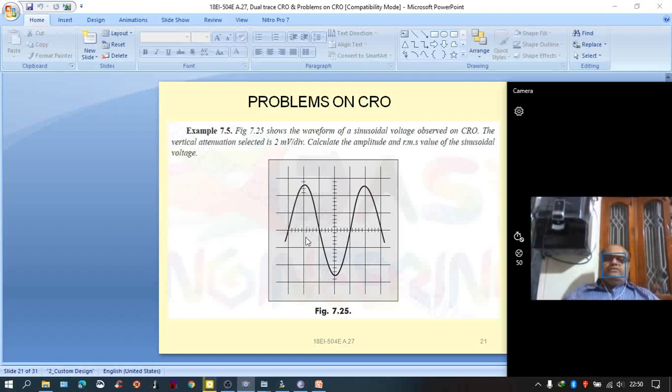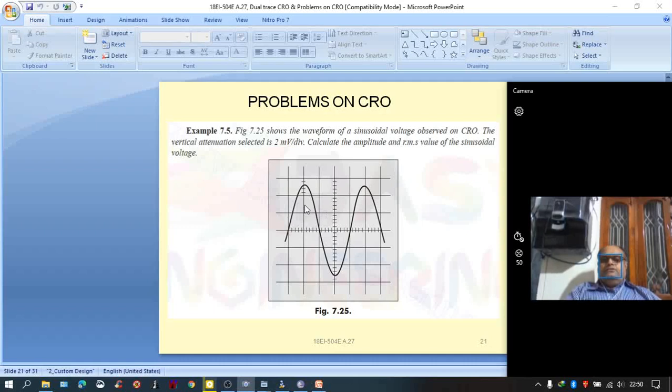Amplitude means we have to select only the peak value, not peak to peak. Peak to peak means from here to here we have to select. But peak value means from the center we have to select the peak value. So from center, as you can see here, each division is divided into 5 subdivisions. So one subdivision corresponds to 0.2 of the division.